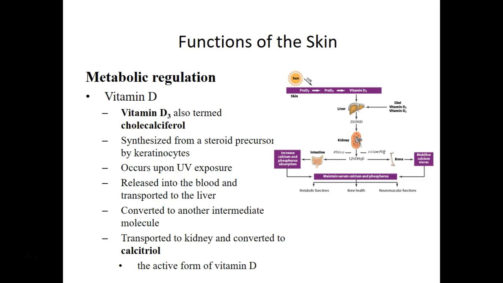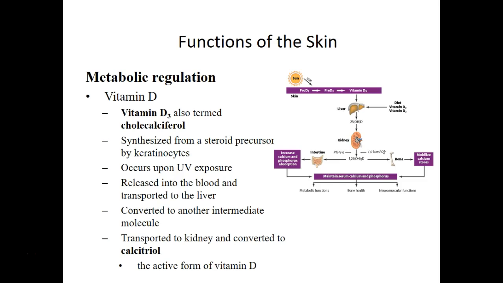So it starts when our keratinocytes take in UV radiation. When UV radiation hits our skin, the keratinocytes secrete a chemical called cholecalciferol, which is a pre-vitamin D.